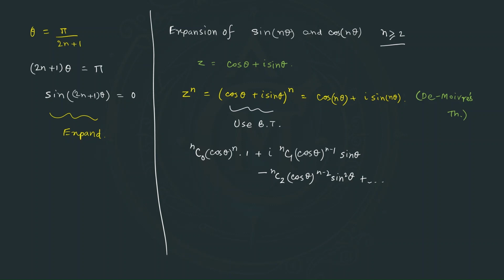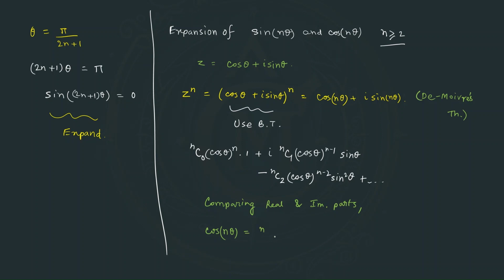So we can write this left hand side in this form. Now if we compare the real part and imaginary part of both the sides, we can say that this cos n theta will be the real part of this left hand side.